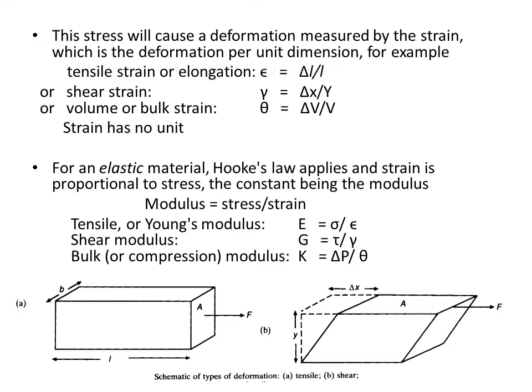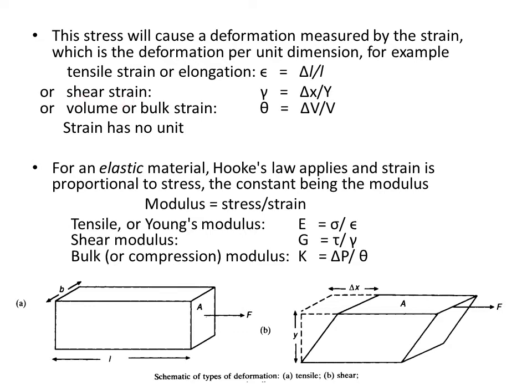There are again various types of strain. The first one is the tensile strain or elongation, represented by the symbol epsilon, and it is calculated as change in length per unit length, that is delta L divided by the actual length L. So delta L over L gives us the tensile strain or elongation.